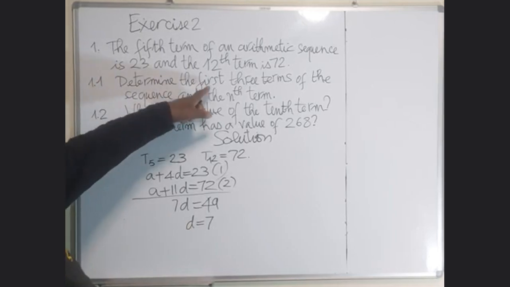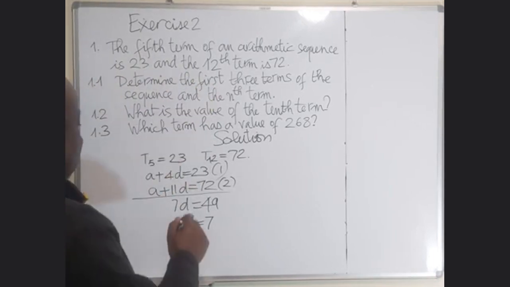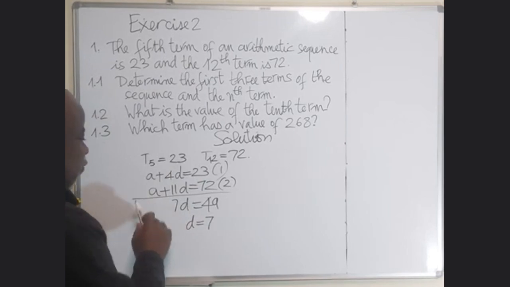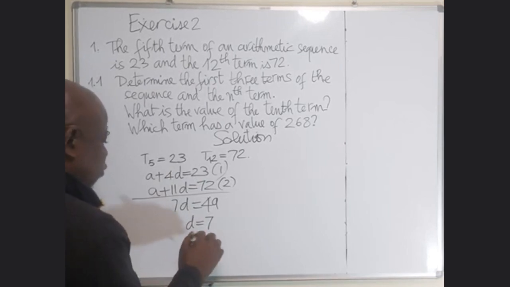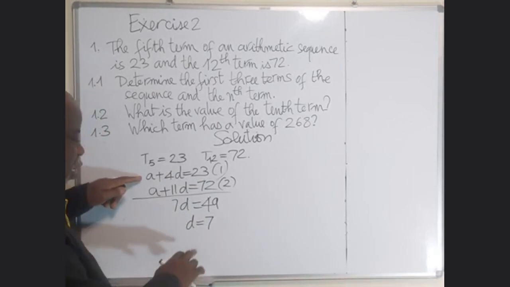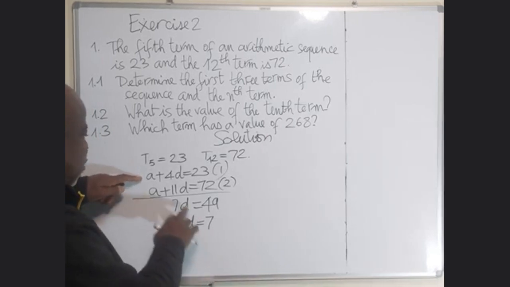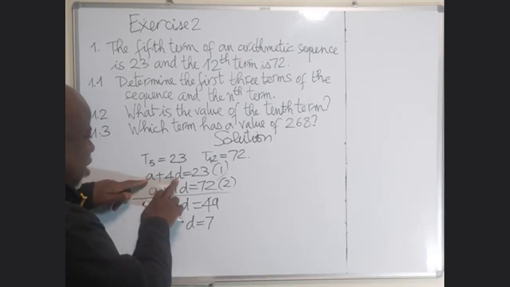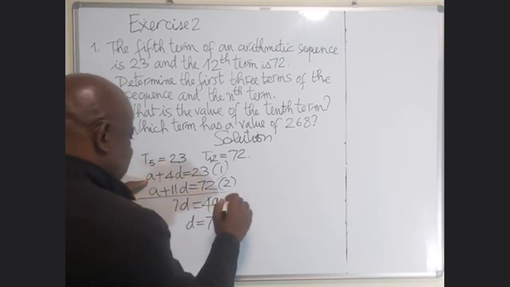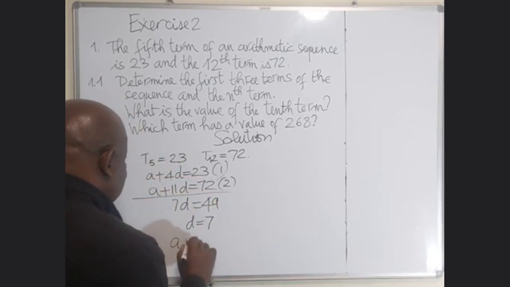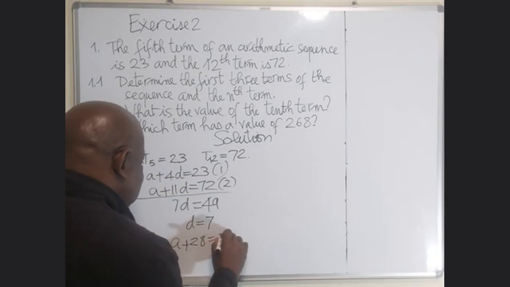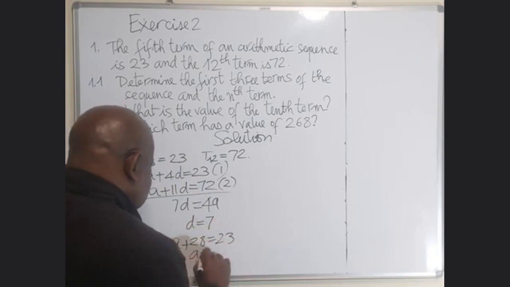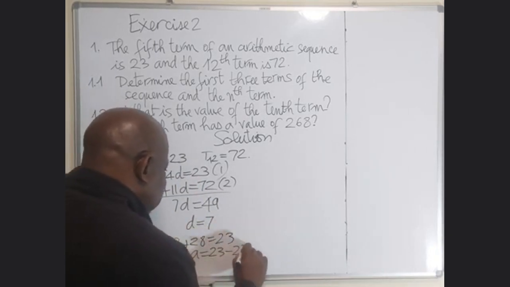So we want to get the first 3 terms. Before that, we will need the value of A, the first term. So replacing in the first equation D by 7, we'll be having A plus 28 is equal to 23, and A will be 23 minus 28.